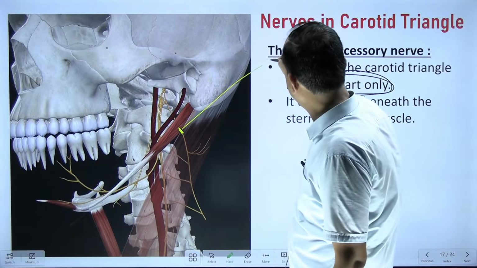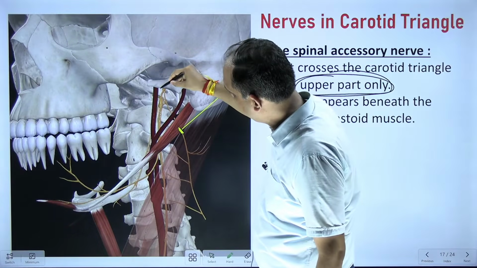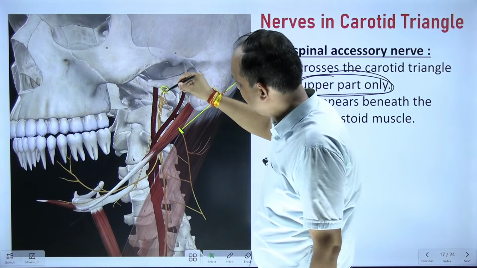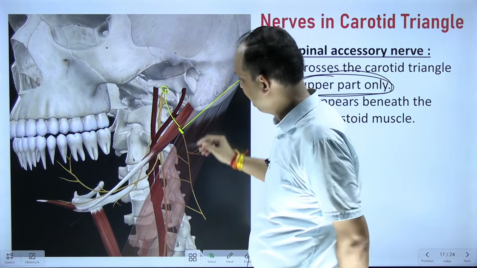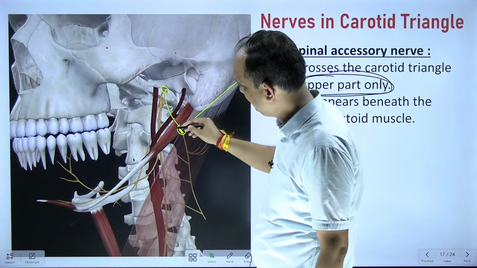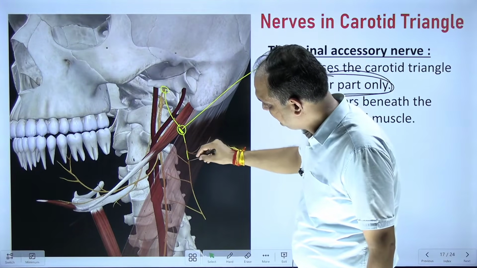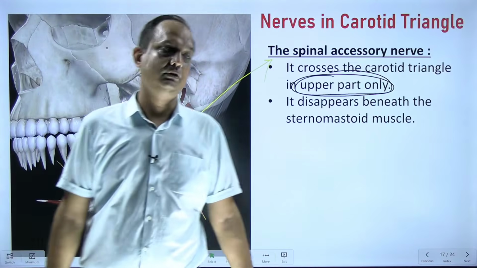This small area is the spinal accessory. Now you know that there is a jugular foramen. Through this you have the exit of the spinal accessory. Now this spinal accessory goes deep to the digastric, then it appears in this part of the apex of your carotid triangle and immediately disappears. Here you can see it is deep to the sternocleidomastoid.